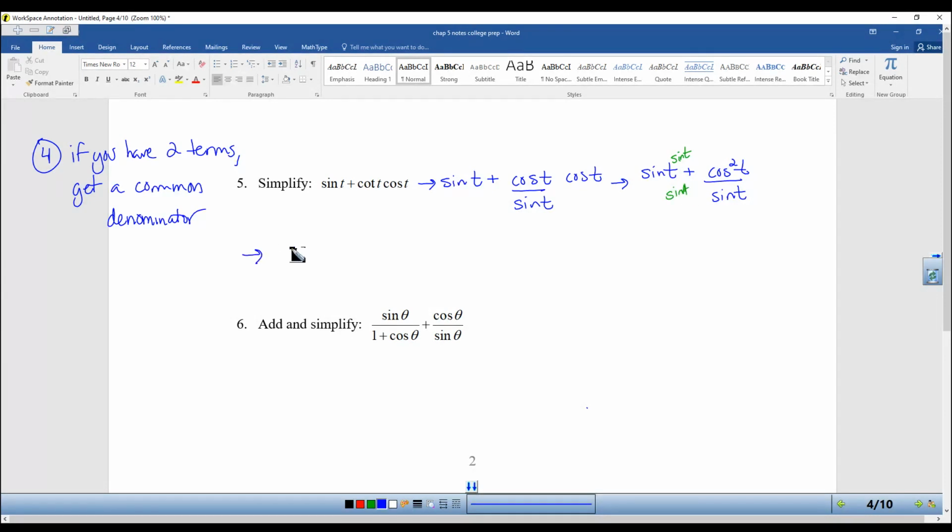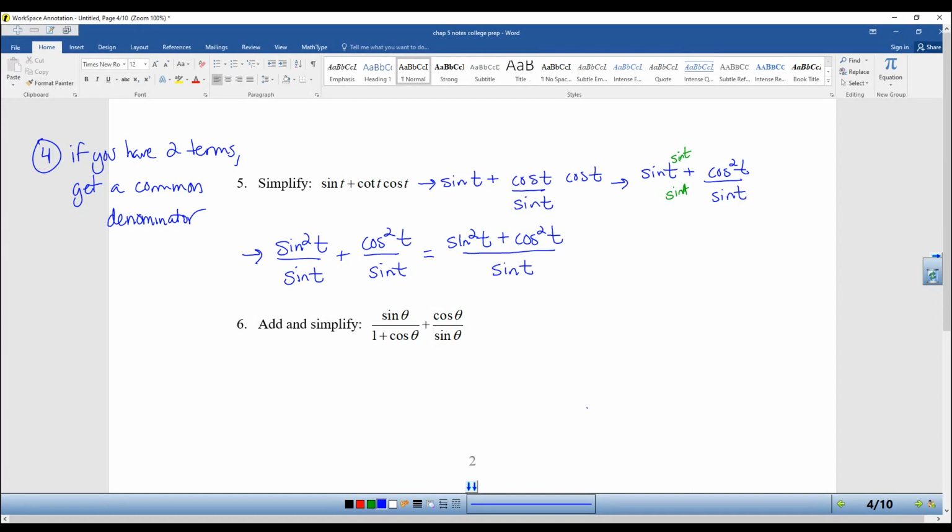Now this becomes sine squared t over sine of t plus cosine squared t over sine of t, which leads me to sine squared t plus cosine squared t all over sine t. They have the same denominator, so I can put them together as a single fraction.